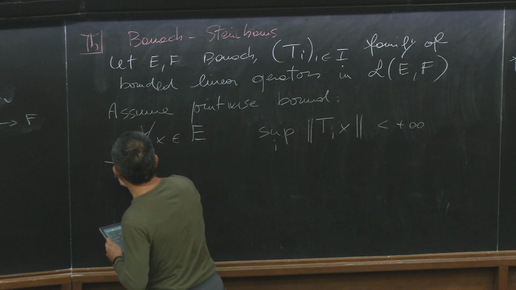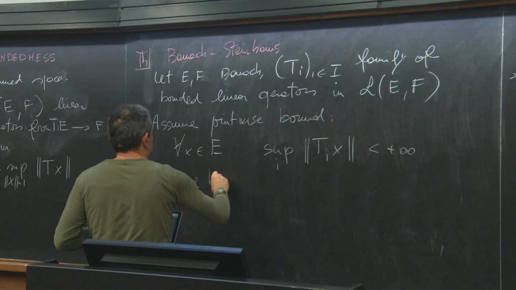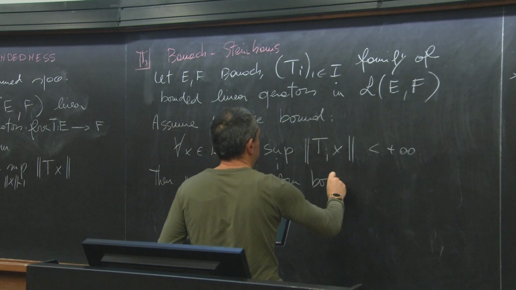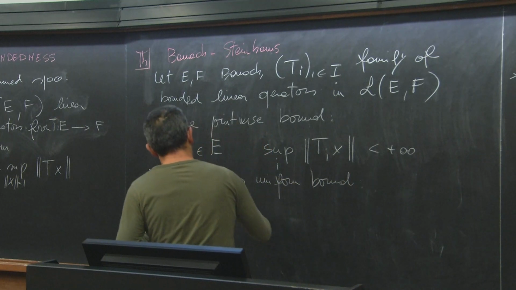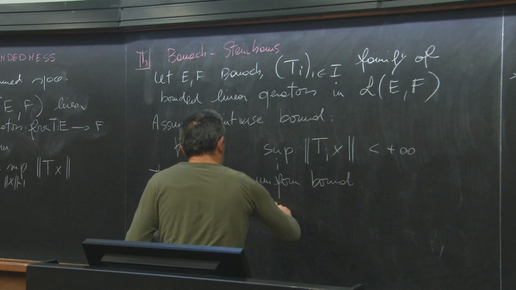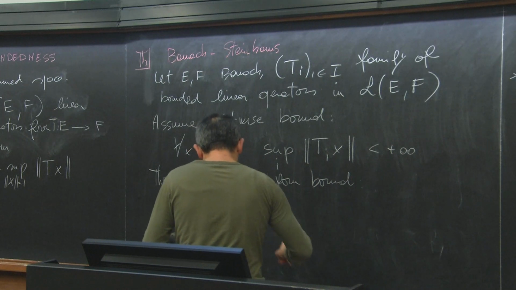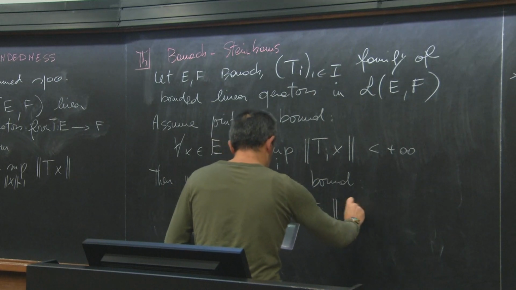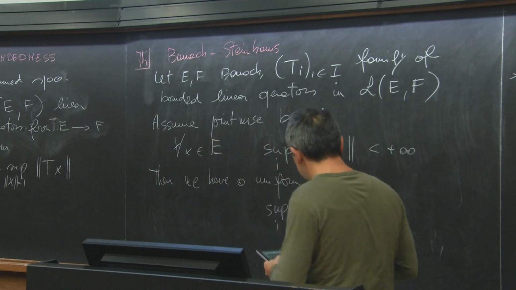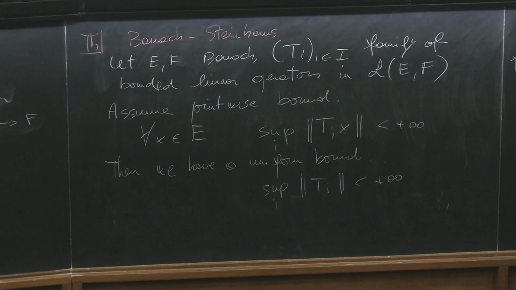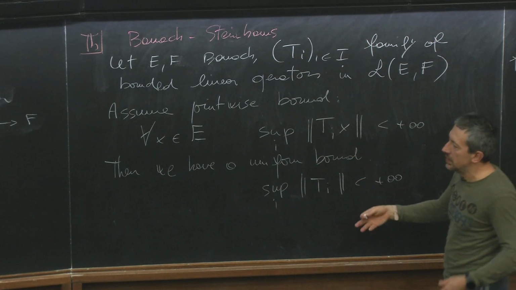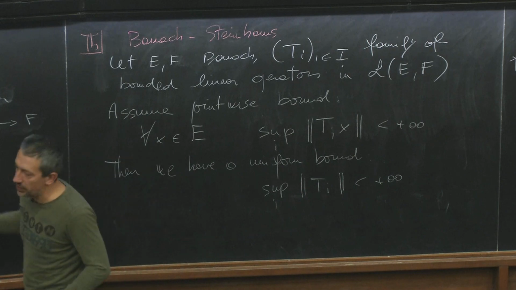Then we have a uniform bound. Which means that the supremum over i of the norm of Ti is less than plus infinity. So this is when I fix x, and on the other hand, x is free to run across all vectors of norm 1.